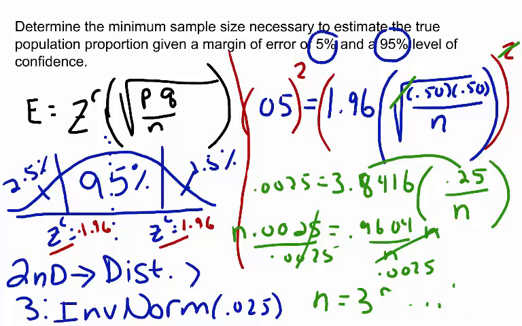So we would say that the minimum sample size necessary to estimate the true population proportion, given a margin of error of 5% and 95% level of confidence, is about 385.